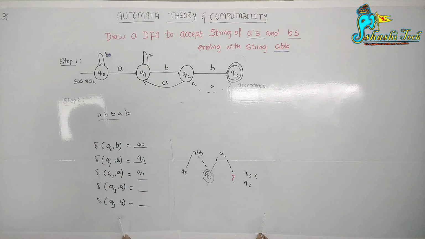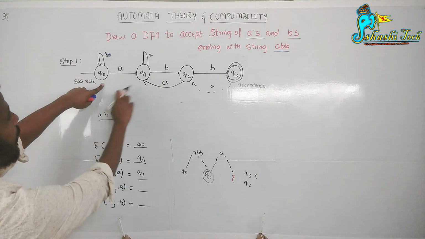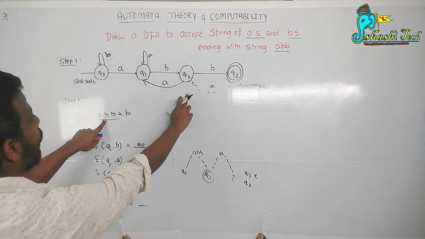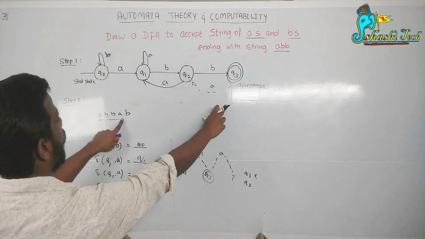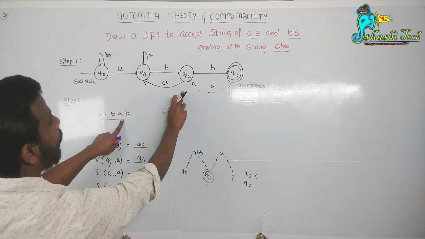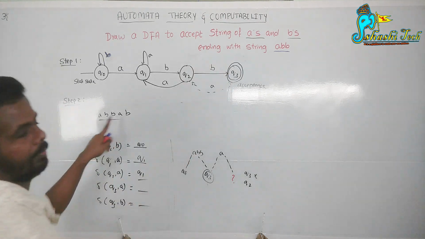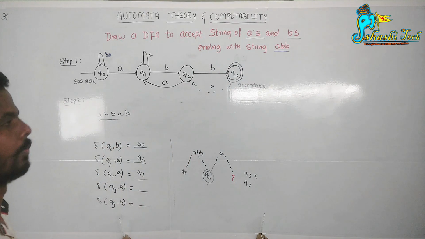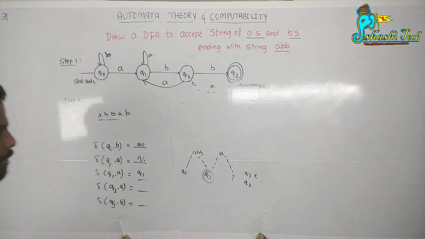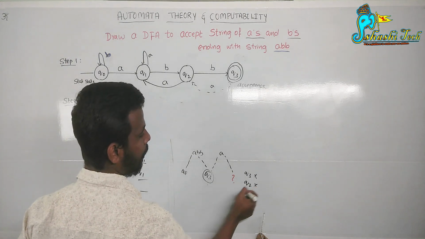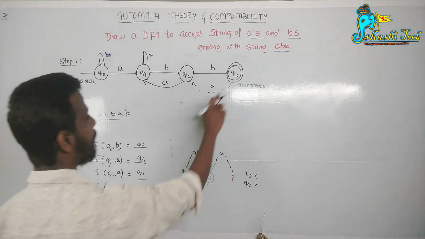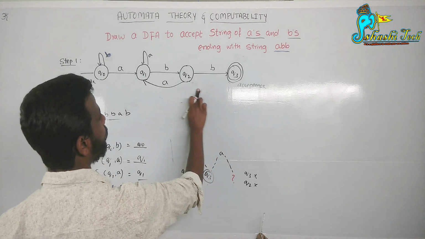But this DFA is accepting. Q0 upon accepting A, Q1, Q1 upon accepting B, Q2, Q2 upon accepting B, Q3, Q3 upon accepting A, Q2, Q2 upon accepting B, Q3. This is accepting, but it should not accept. So Q2 is also wrong.